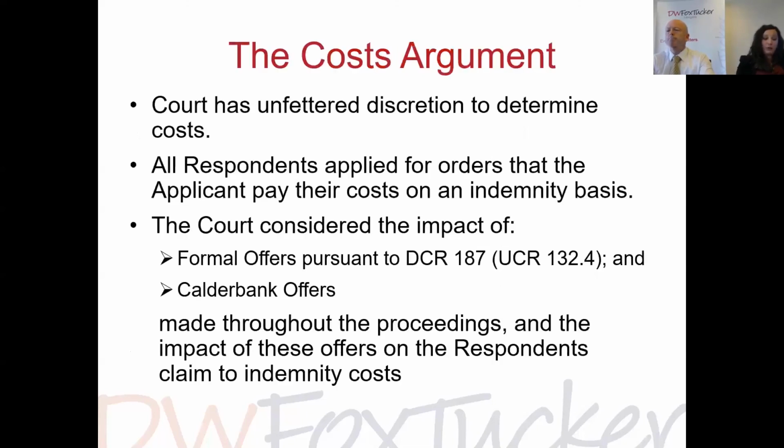Now, I'm going to move on to the cost argument that was heard between the parties. As Brendan did discuss briefly, the court's power to award costs is interpreted widely, and it has an unfettered discretion when it comes to costs.